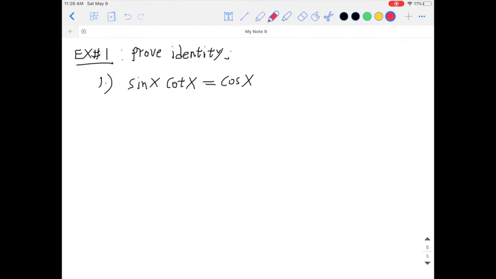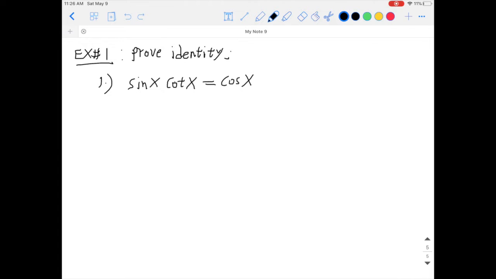Okay, let's try one example of proving an identity. Sine x times cotangent x equals cosine x. The way we prove, it means we have to set them equal to each other by playing around with the form.